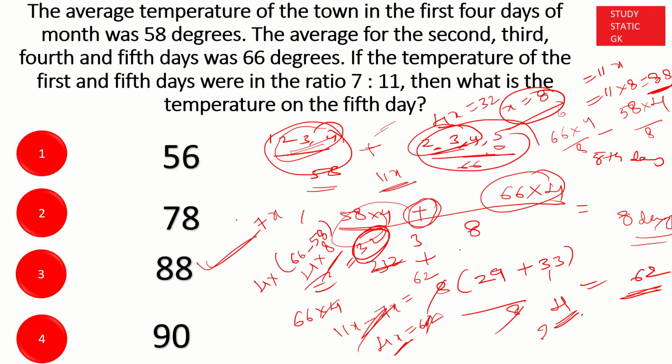The 1st and 5th ratio is given, but for 2, 3, 4 we have no idea. So we should not add. We have to subtract, because the 2, 3, 4 and this 2, 3, 4 will be nullified. Then what remains is the first day and the 5th day only. So the equation of first and fifth will come, and the ratio 7:11 is also given, so we can calculate the temperature of the fifth or first, whichever they have asked. So this is the question.